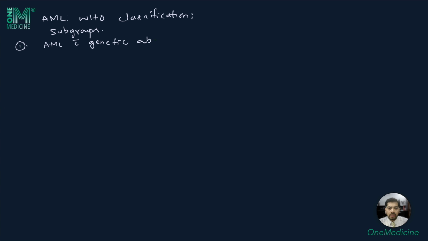Another important classification system for AML is WHO classification. This divides AML into various subgroups. The first among them is AML with genetic abnormalities.